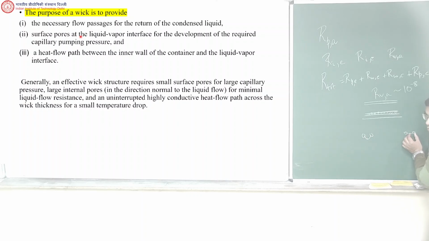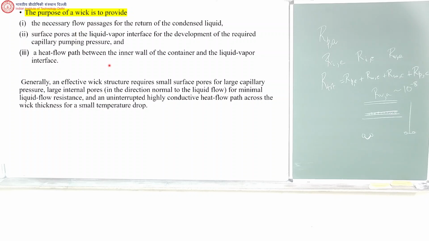Because liquid is evaporating so much from here, it tends to give you this sort of small radius of curvature, whereas here the radius of curvature becomes quite large. It becomes a flatter thing. So the job that the surface pores are doing is to create this difference so that the liquid can flow this way.